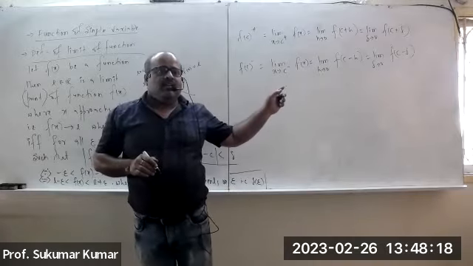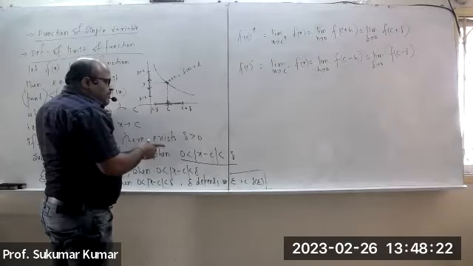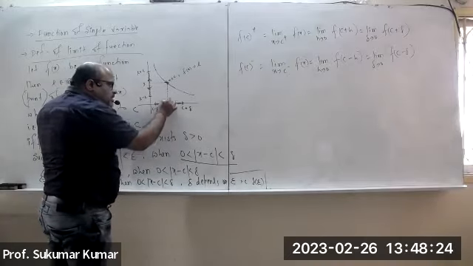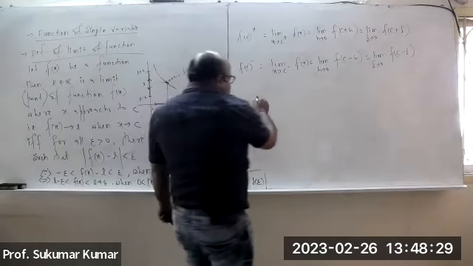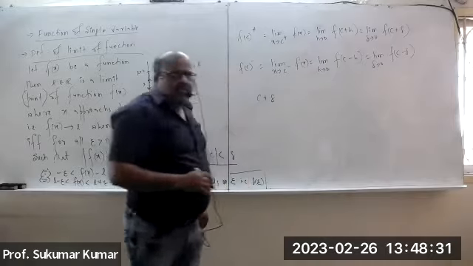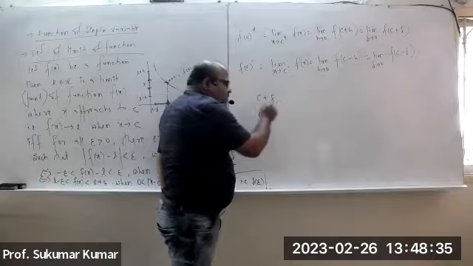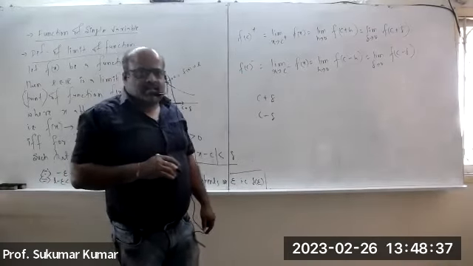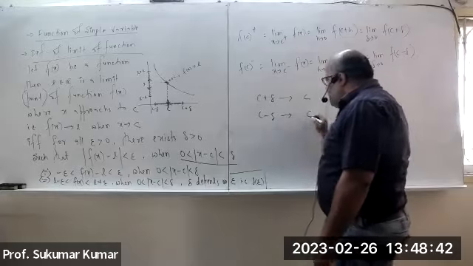This means, think a little: for every delta, we have to approach c from the right hand side and the left hand side. So c plus delta is the notation for the right neighborhood, and c minus delta is the left neighborhood. From the right side we have to reach c, and from the left side we have to reach c.